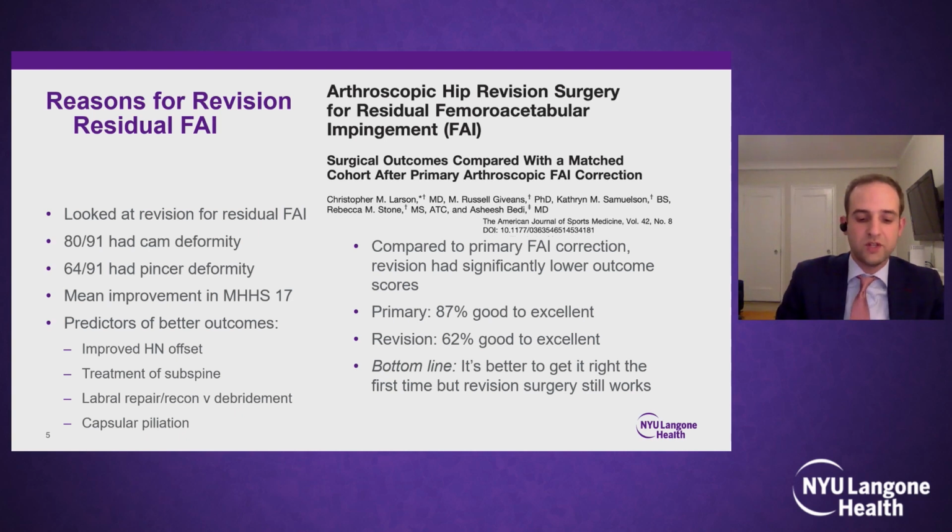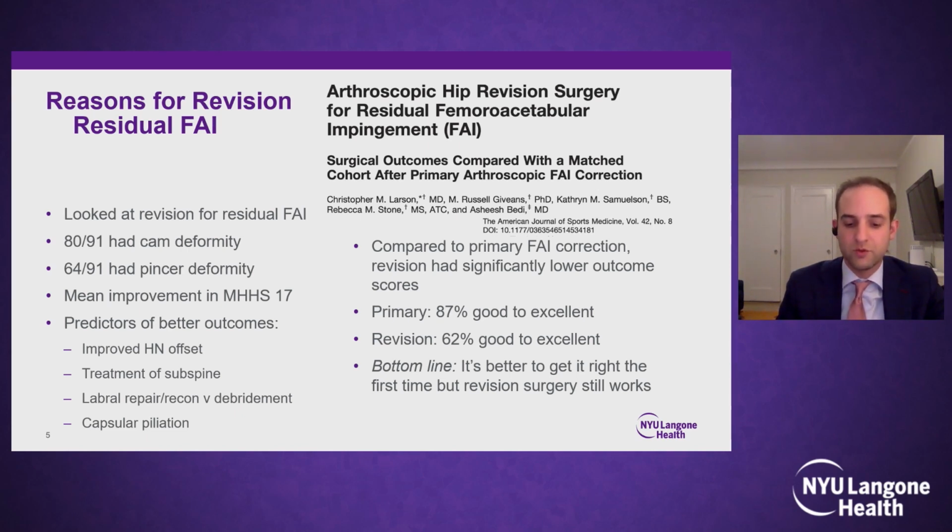A nice recent study by Larson's group looked at their cohort of patients undergoing revision hip arthroscopy for residual FAI syndrome. Consistent with prior studies, there was a large number of residual cam and pincer deformities. They found a mean improvement of the Harris hip score of about 17. However, it is important to note that the minimal clinically important difference in the Harris hip score is 20 at 12 months.